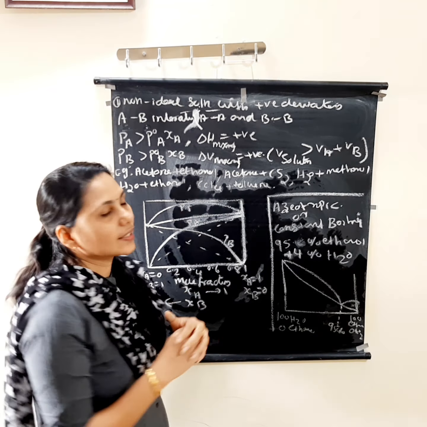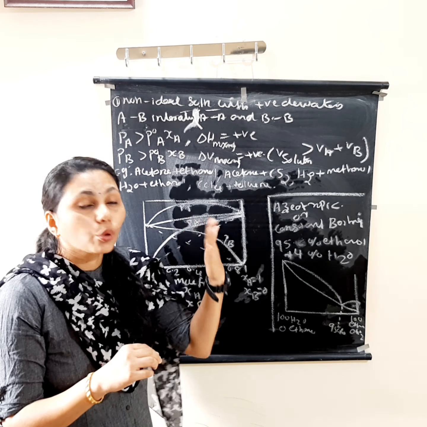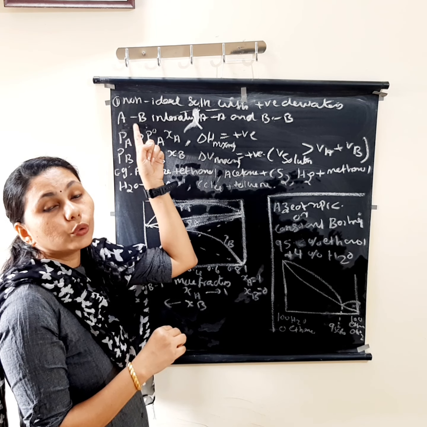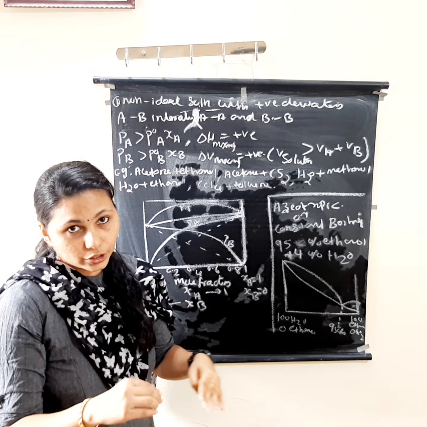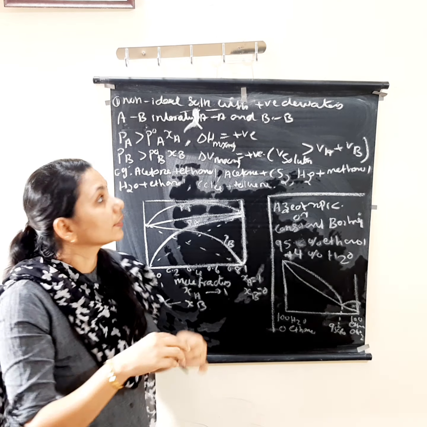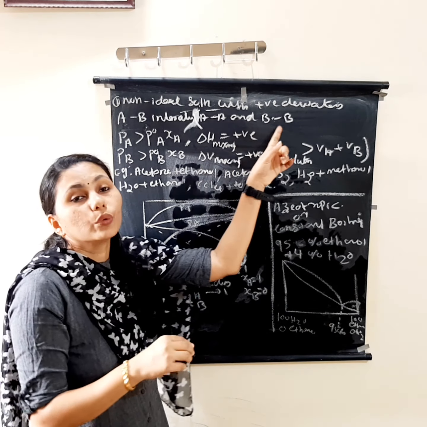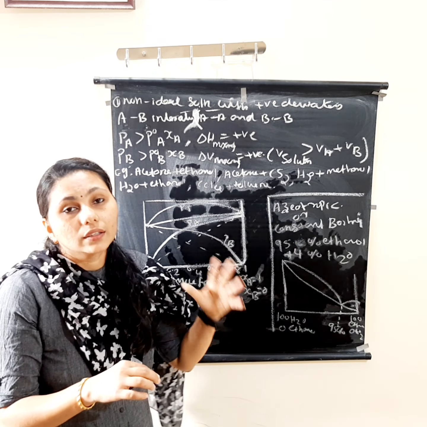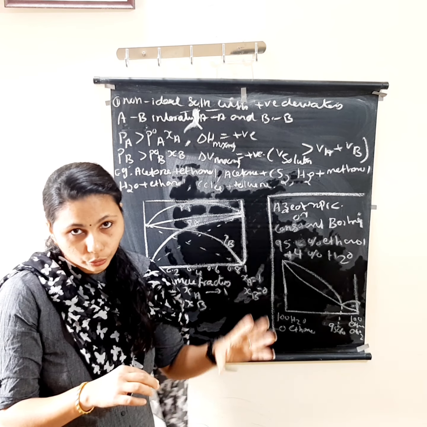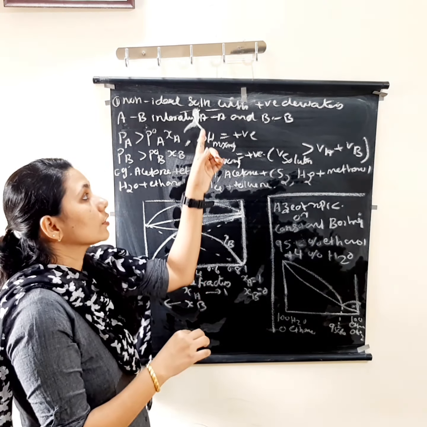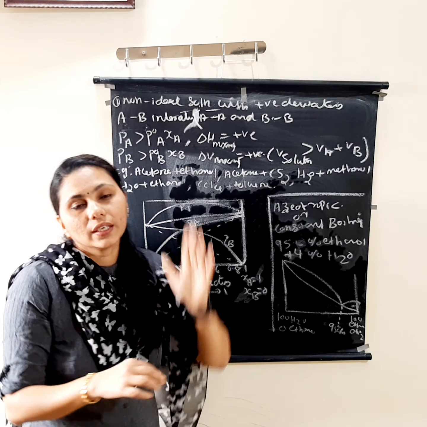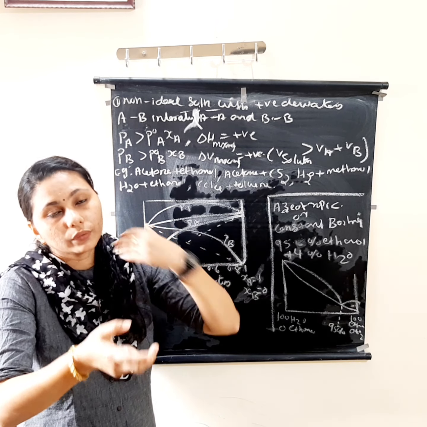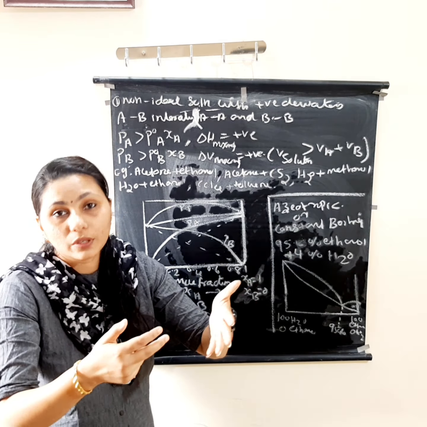But here, the solvent A and solute B interaction, or attractive forces, are weaker than the solute-solute and solvent-solvent attractive forces. So it is weaker in solution compared to when the solute was in its pure state and the solvent was in its pure state.